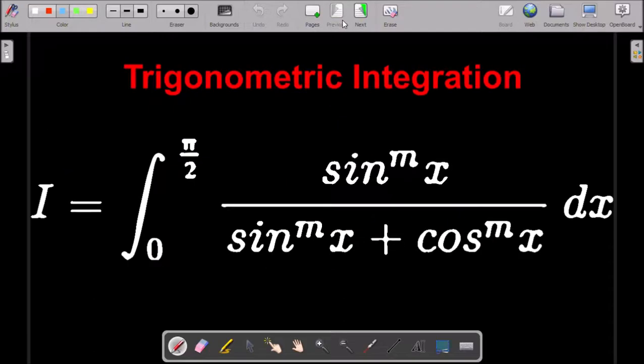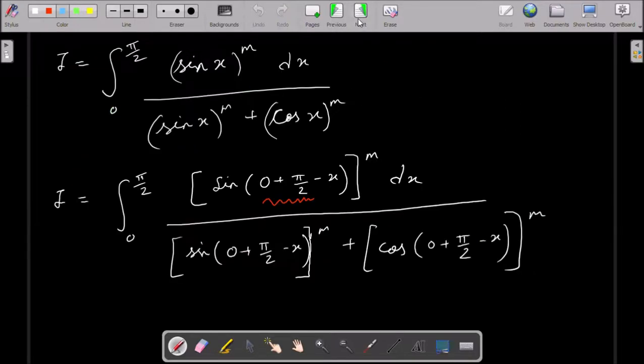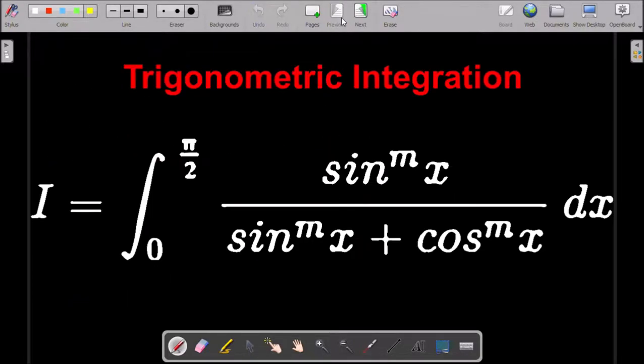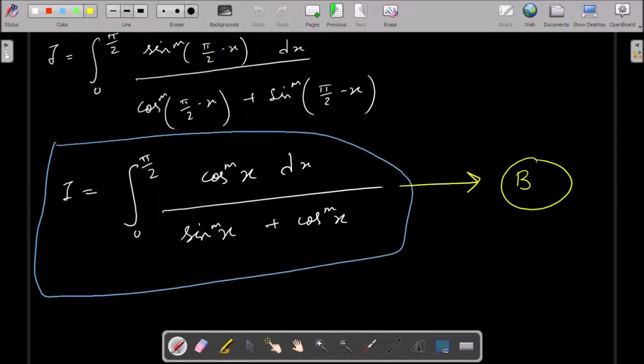Previously I was this, here was sin. Now here is cos. Let us call this equation a and this equation b.